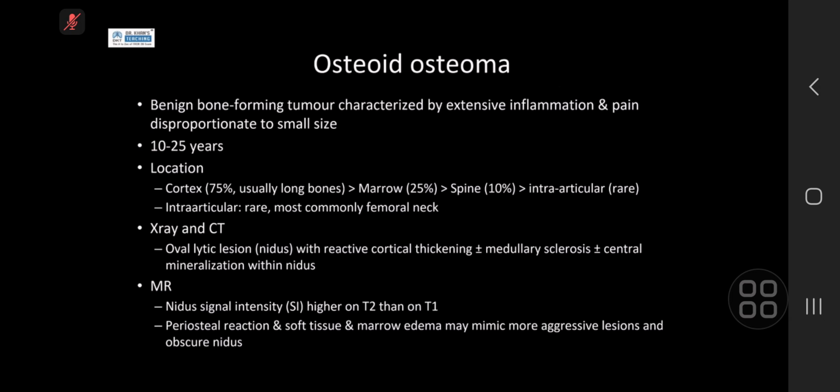Okay, summary slide. So we've already talked a little bit about it. The helpful information, if you can ask, is whether they have night pain, which is helped by non-steroidal analgesia. And these can occur anywhere, and we've got some great examples of them occurring within the medullary cavity and intra-articular. These can occur everywhere.